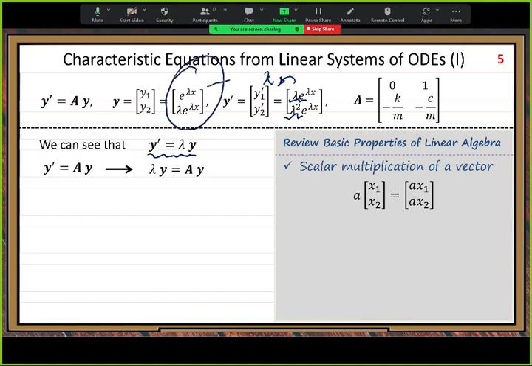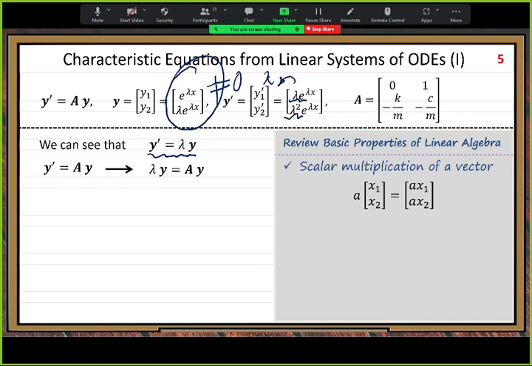Definitely it's not zero. Some students may argue, our y is a non-zero vector, why can't we cancel out? In algebra, a non-zero number we can cancel out, but in linear algebra we cannot. Non-zero vector, don't cancel out. Later you will see why, because the rules are completely different.